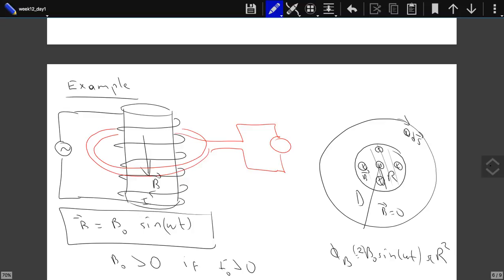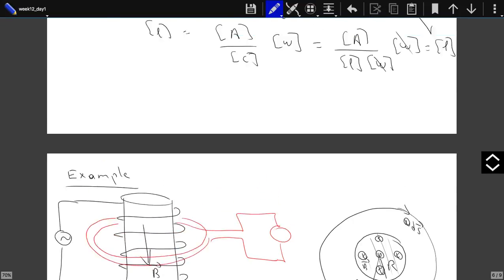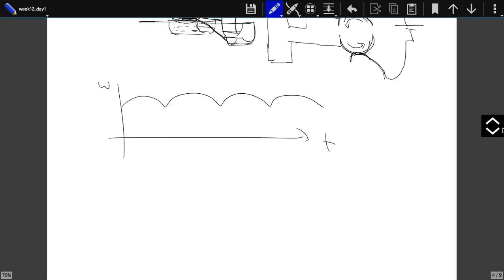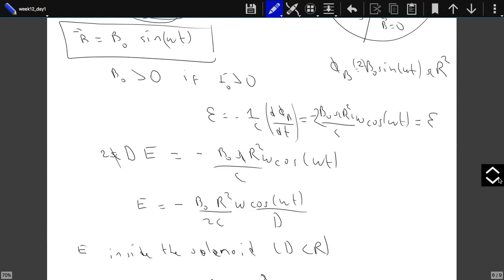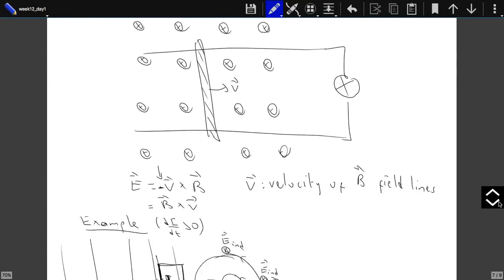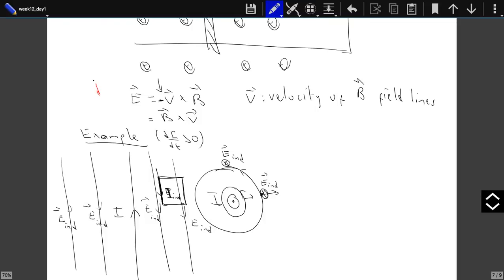You said E is equal to minus B cross B, right? It's the direction, and in fact the magnitude also.